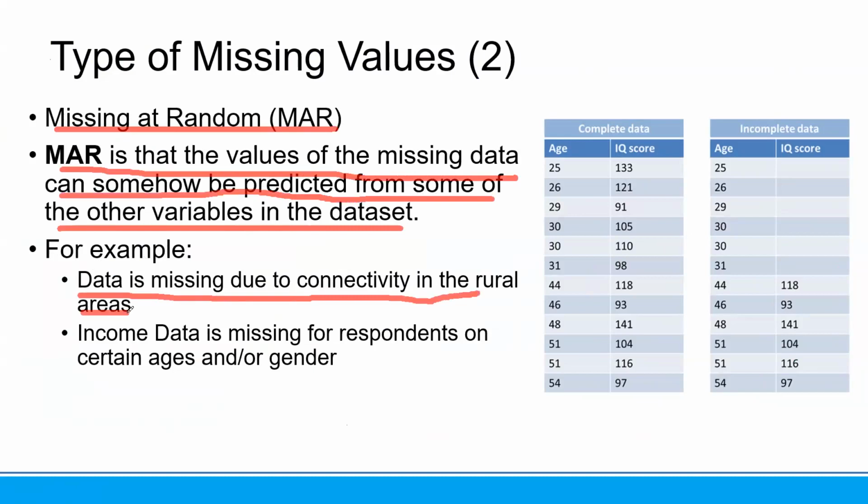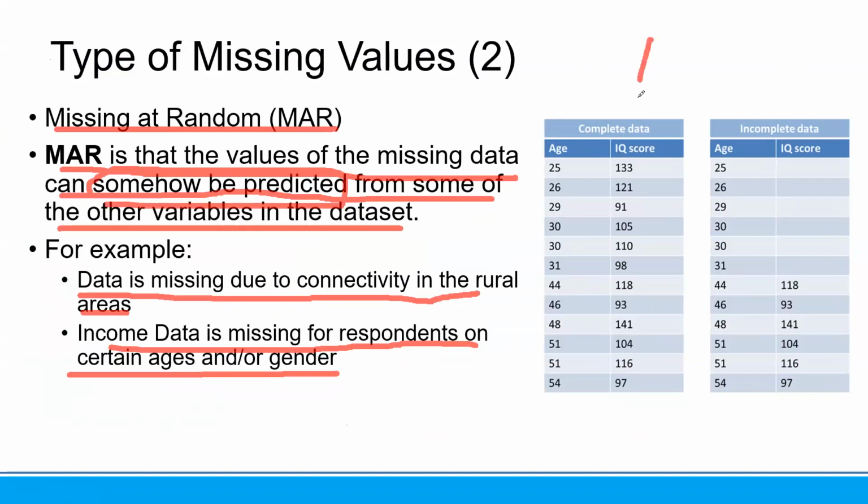Maybe because it is in the rural areas, there is no internet connection. So all the data in the rural areas are missing, but the data in the city is okay. That can happen. Income data is missing for respondents of certain ages or gender. Let's say the youngers, they do not have the income. So all youngers' income are missing. So we call this missing at random. Somehow we can predict.